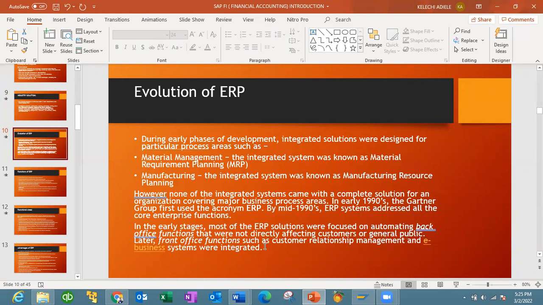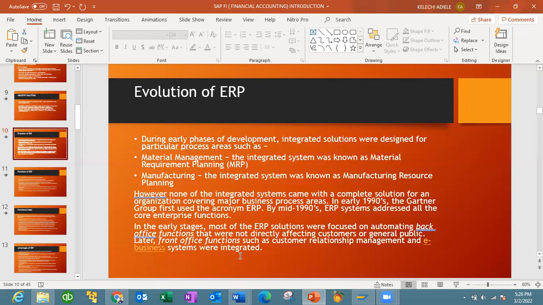Later, front office functions such as customer relationship management and e-business were integrated. So what it's trying to say is that it was just within the office, basically about raising invoices or doing normal office operations. ERP was not a thinking ERP.